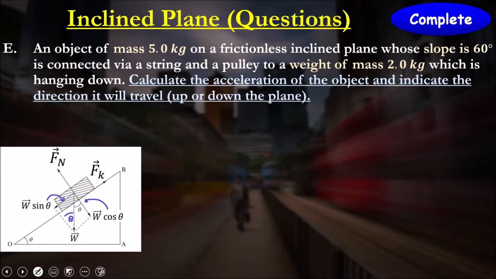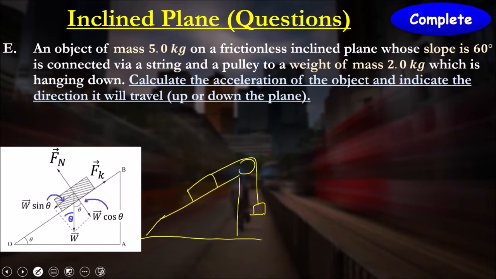The last two is where it gets a little bit more interesting. So instead of this diagram we have here, we actually have an object of mass. We have a pulley. And we say that on that pulley, there's another piece of mass that's connected on. Find out what the acceleration of the object is. So is it accelerating this way? Or is it accelerating this way?